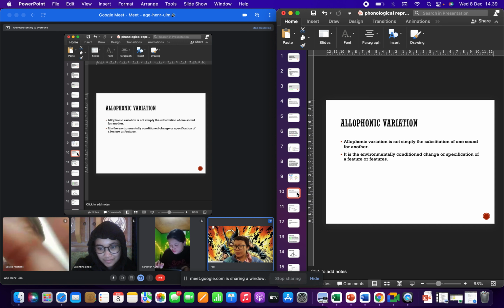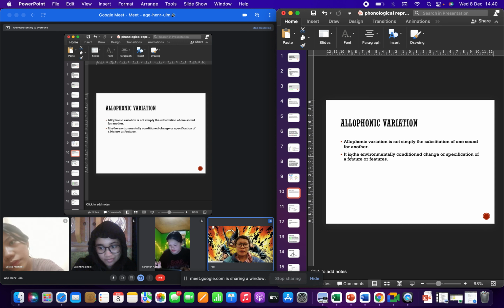And then there is allophonic variation. Here, in allophonic variation, it is not simply only the substitution of one sound for another. Sometimes, when we talk about a consonant, we understand that consonant will be affected by the surrounding sound, especially if there is a vowel. But in allophonic variation, there is no substitution of the sounds, yeah.